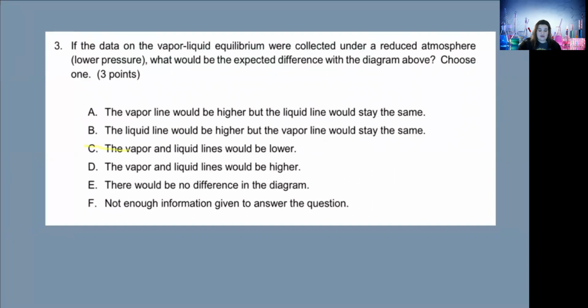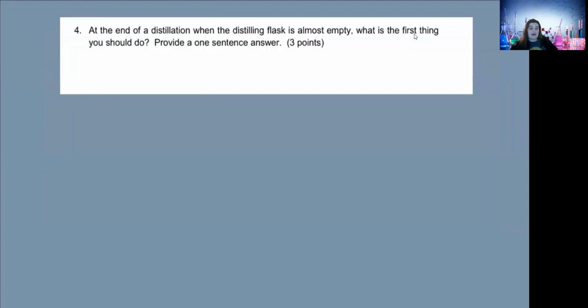Okay, so that one's just like a cute little fact you have to remember. So vapor lines, liquid lines are lower when you lower pressure, you lower boiling point. Okay. Alrighty. Go ahead, pause your video, and try this next question out. And I believe this is the last one I have on distillation.